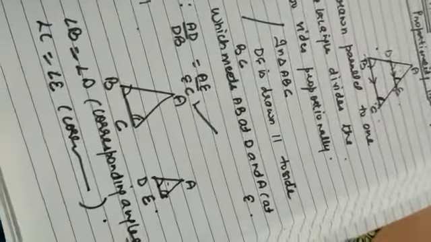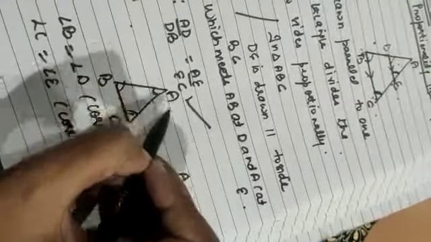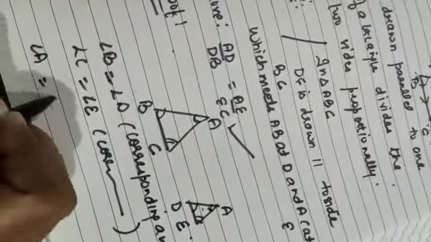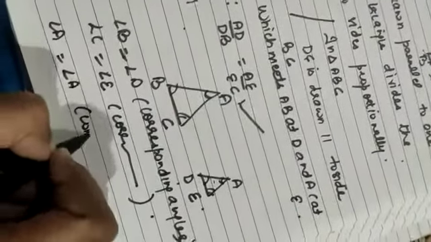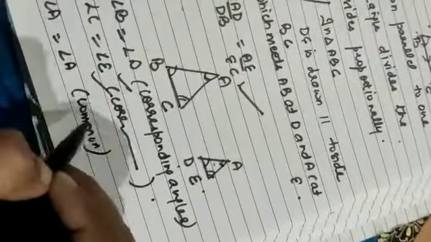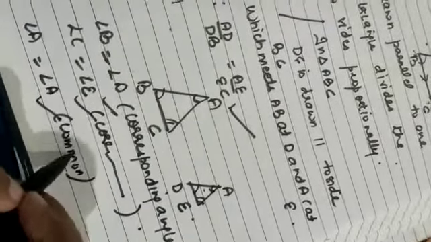Now angle A and angle A are common angles. This angle is in this triangle also, or in this triangle also. Angle A equals angle A, common. Now corresponding angles are equal, and angle A is common.